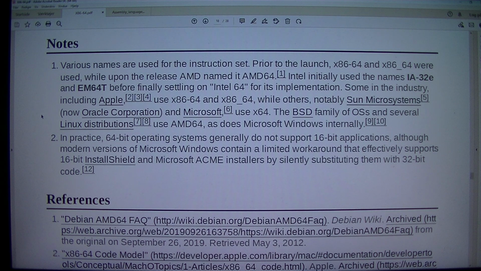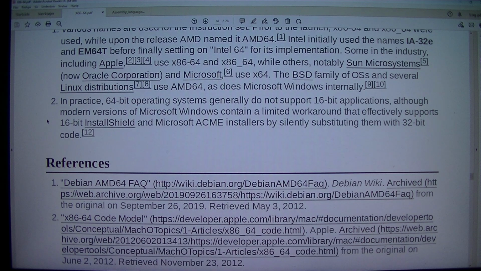Some in the industry, including Apple, use x86-64 and x86_64, while others, notably Sun Microsystems, now Oracle Corporation, and Microsoft, use x64. The BSD family of OSs and several Linux distributions use AMD64, as does Microsoft Windows internally. 2.